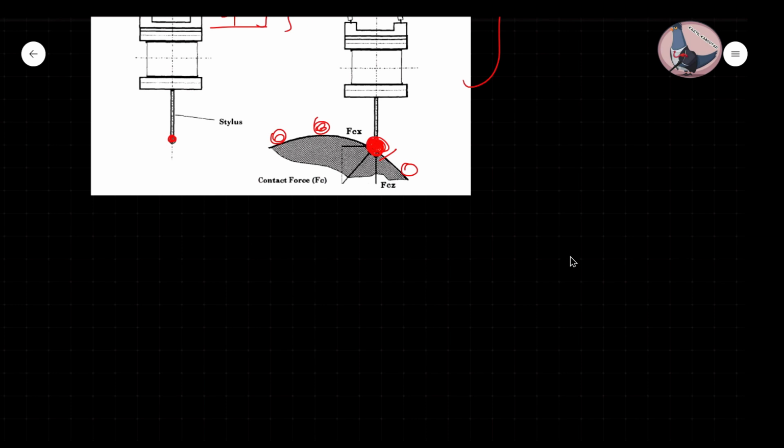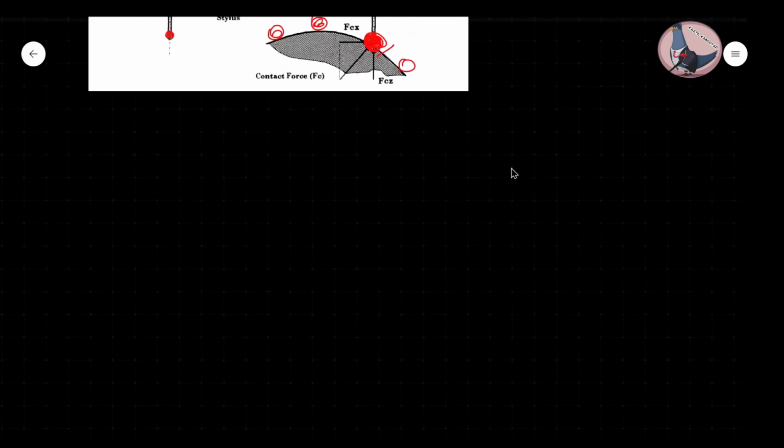Okay, so this is one thing. Like, I just wanted to tell you what a hysteresis test is. Then the second one is your linear displacement accuracy test.